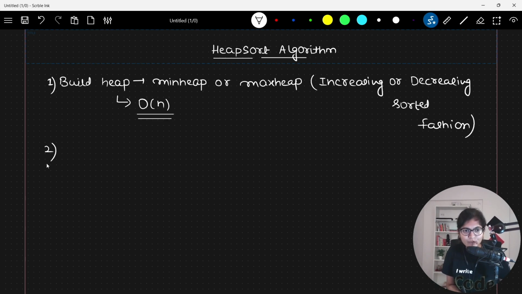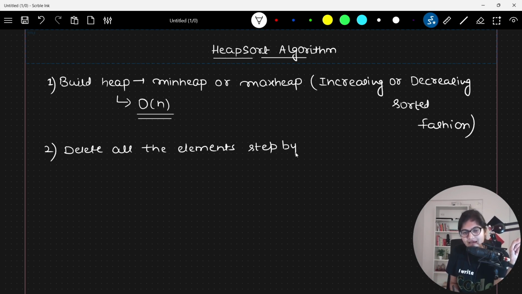Now after that, what are we doing? The second step is that once our heap is ready, whether it be a Minheap or a Maxheap, let's take Minheap only. After that, you will delete all the elements, step by step.